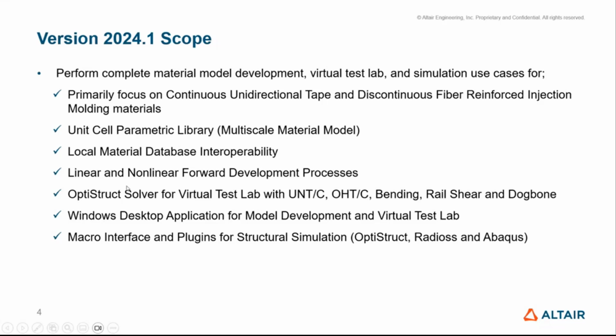One major part of the work in the back end was enabling OptiStruct to be used as back-end solver for any virtual tests like unnotched tension compression, open hole tension compression, bending, rail shear, and dogbone. It was cumbersome work together with the OptiStruct team to get a lot of small tickets solved, but at the end we did it, and now we create OptiStruct models which can be copied and reused in the back end.